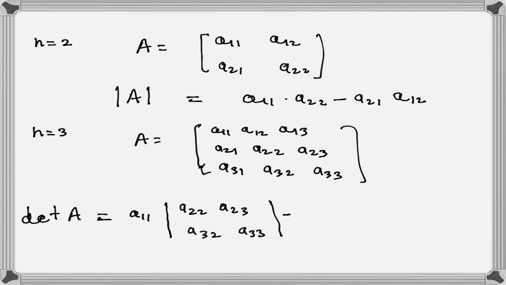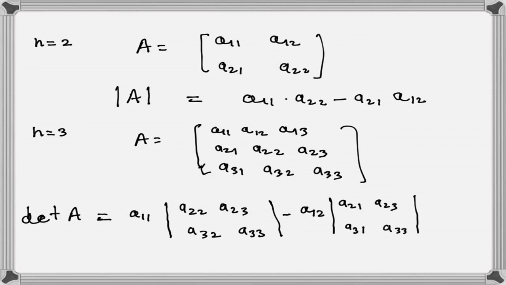Then minus a12, the second one; we delete the first row and the second column and write the submatrix we get: a21, a23, a31 and a33.